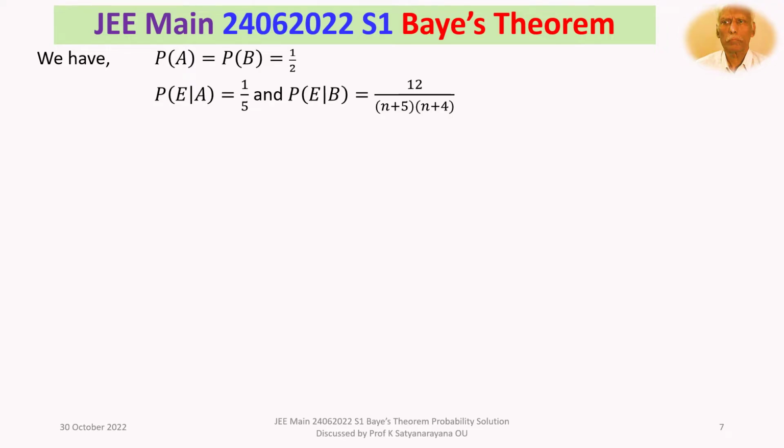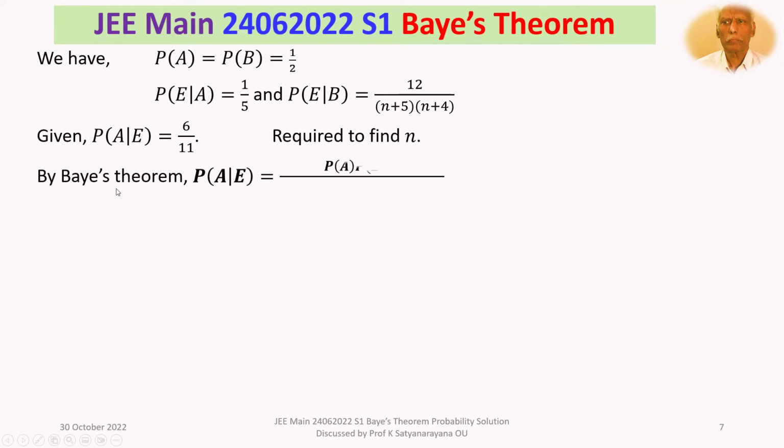We continue in the next slide, and this is what we have so far. Given probability of A given E is 6 by 11, from this we have to find n. We use Bayes theorem. By Bayes theorem, probability of A given E is equal to probability of A multiplied by probability of E given A, by the total probability of A into probability of E given A plus probability of B into probability of E given B, is equal to 6 by 11.